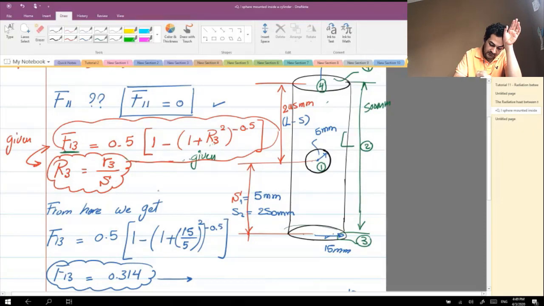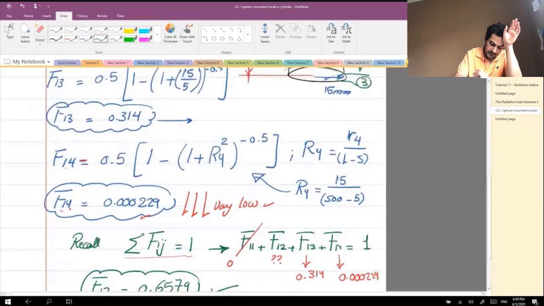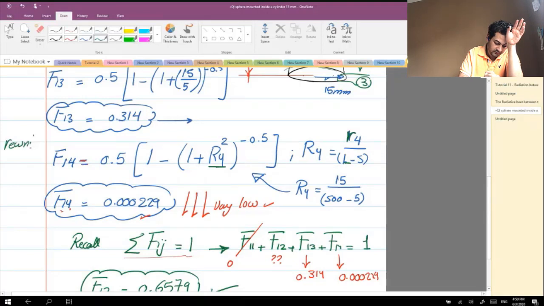R4 over L minus S. So we rewrite the F13 equation to correspond to F14, and we substitute R4 as the radius of disk 4 over the distance between 1 and 4, which is L minus S. That's it.